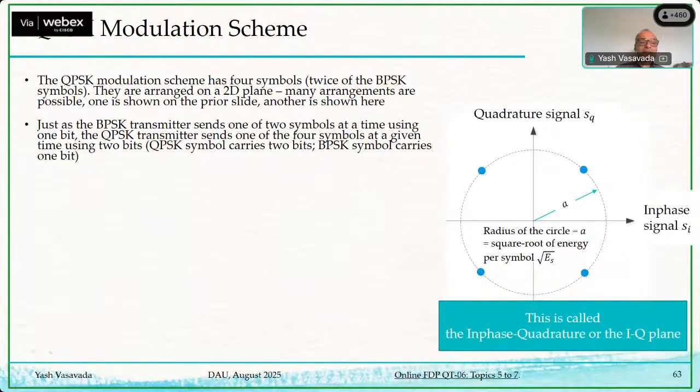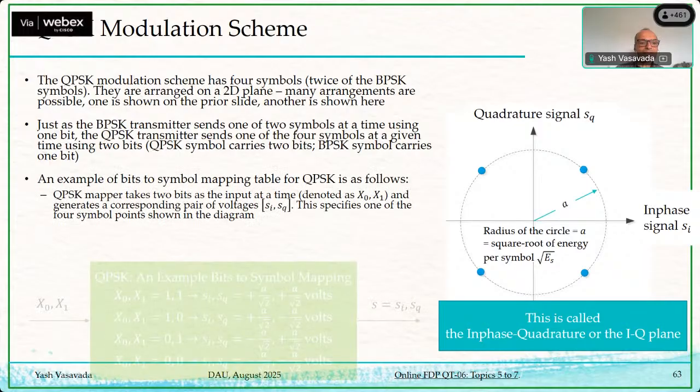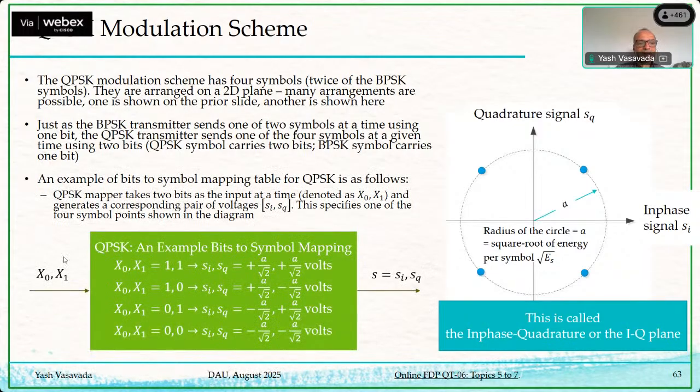So a BPSK transmitter can send only one bit at a time, whereas with QPSK you can send 2 bits at a time. So if the 2 bits are 1, 1, then you say that SI and SQ are plus A divided by square root of 2, plus A divided by square root of 2. 1, 0 is given by the second line of SI and SQ. 0, 1, third line, and 0, 0, the last line.